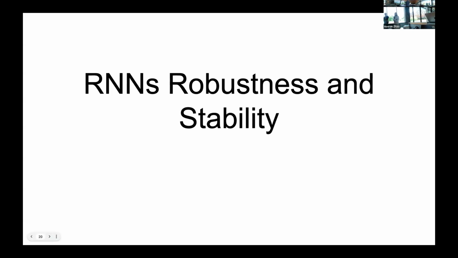But the one problem with RNNs is that there are so many variants. So how do you know which one is the best for your task? That's why I want to focus on RNN stability and robustness, so that among all the choices, you will know which one is actually the best for your project.